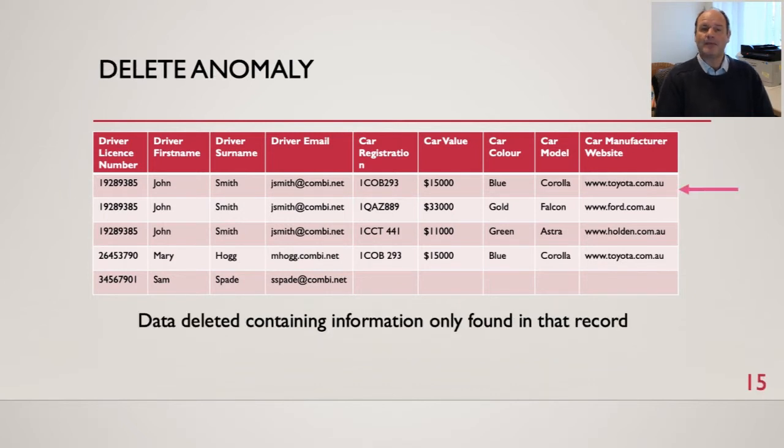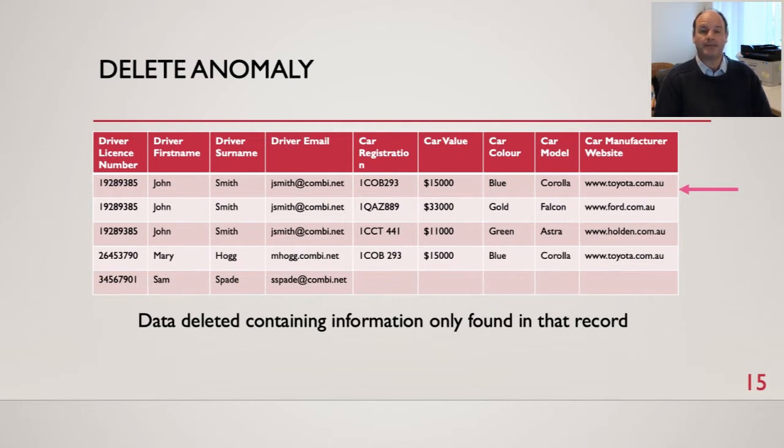A delete anomaly can again be found in databases that have not been normalized. A deletion anomaly can occur when a record is deleted within a database and data contained within that record is only found in that record. As a result, data is unintentionally lost due to the deletion of other data.